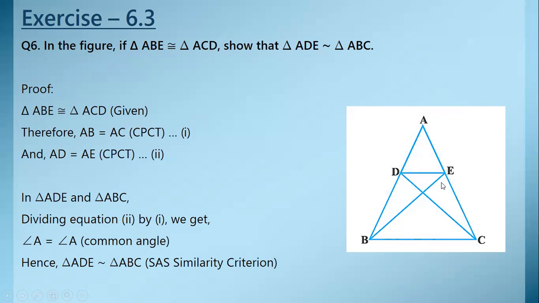Now in triangle ADE and ABC, dividing equation 2 by 1, we get AD by AB equal to AE by AC, and angle A is equal, which is a common angle. So we can say that triangle ADE is similar to triangle ABC, again by SAS similarity criterion.